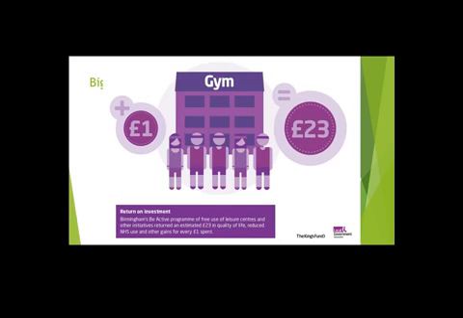By looking at all this data, we can reach a conclusion about what is happening in the real world. For example, we are able to deduce that £1 spent on gym membership, or on getting people healthy, as a return on investment, is worth £23 in quality of life and reduced NHS use.